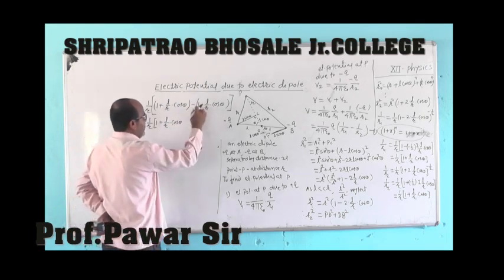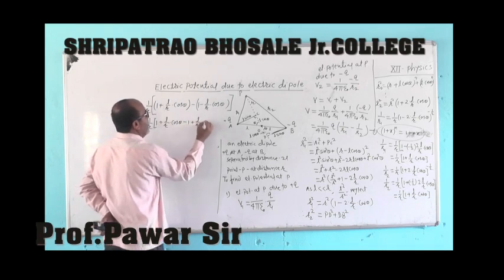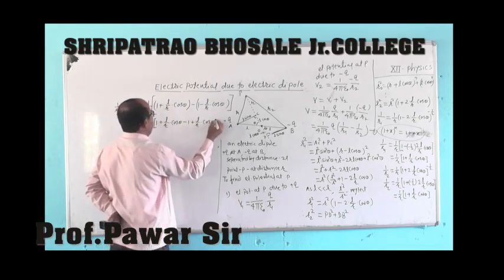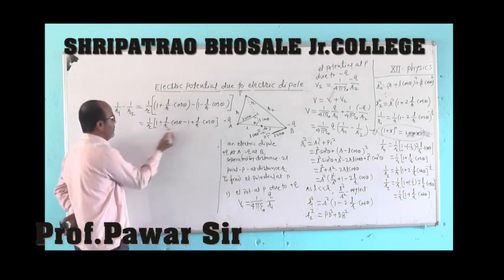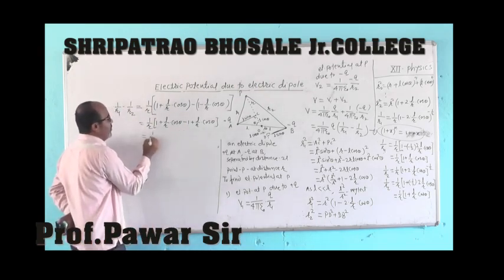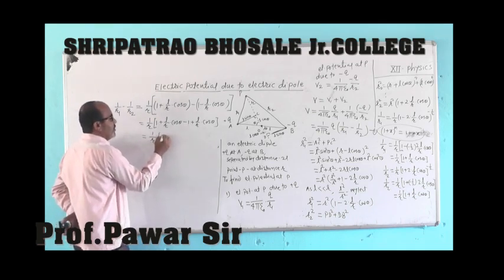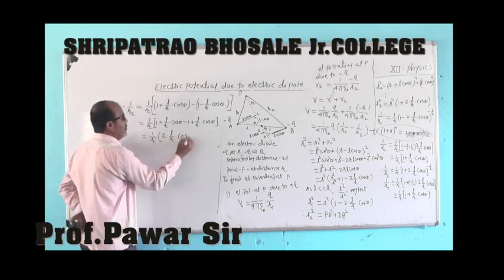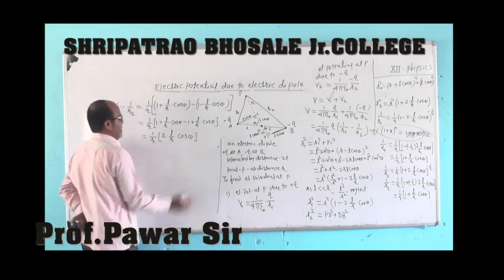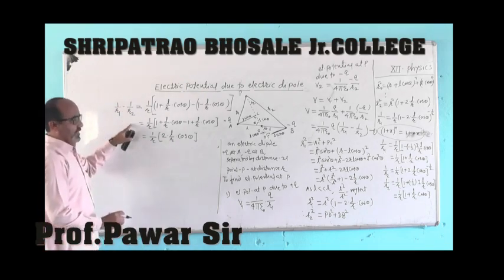Multiply this two terms by minus sign, minus 1 plus L divided by R into cos theta. This minus 1 plus 1 becomes 0. It will be 1 divided by R into bracket 2L divided by R into cos theta. This is value of 1 by R1 minus 1 by R2.